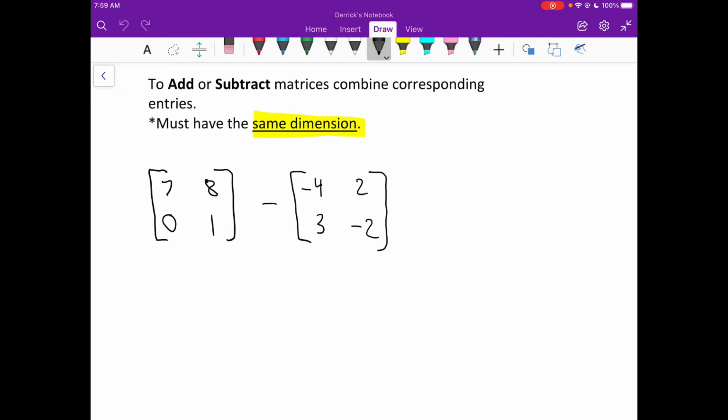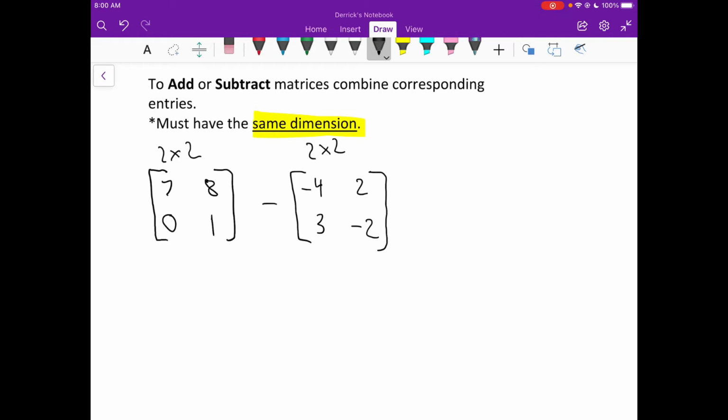So for example, as you see here, we've got two matrices. Our first one is a 2 by 2 matrix of 7, 8, 0, 1. Our second matrix is also 2 by 2 of -4, 2, 3, -2. Because these are both the same dimensions, we will be able to add or subtract them. In this case, we are going to be subtracting.